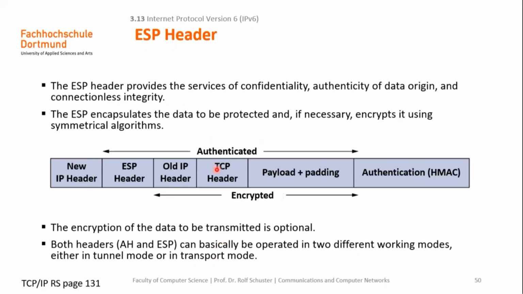The ESP header provides the service of confidentiality, authenticity of data origin, and connectionless integrity. That is, particularly ESP provides, compared with AH, confidentiality, that is privacy of the information that is transmitted. The ESP encapsulates the data to be protected and, if necessary, encrypts it using symmetrical algorithms.